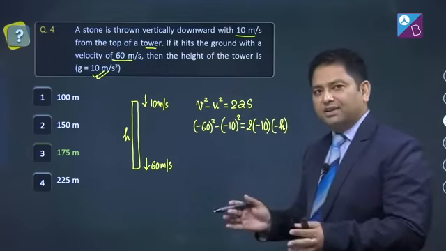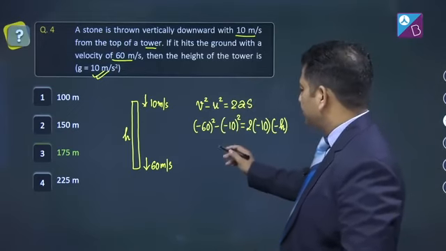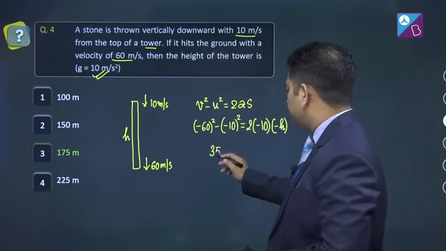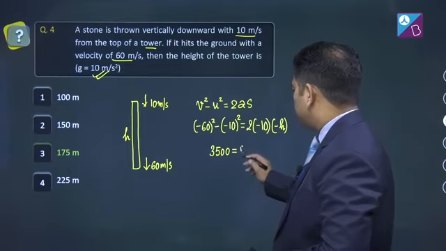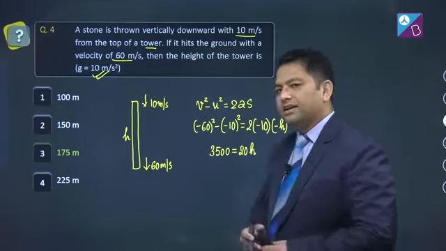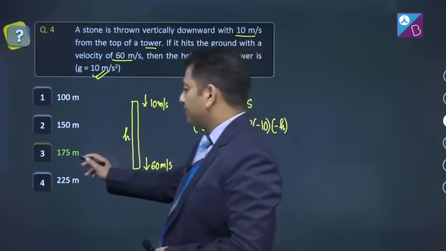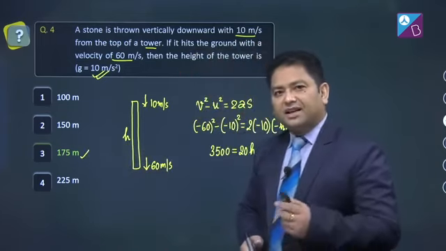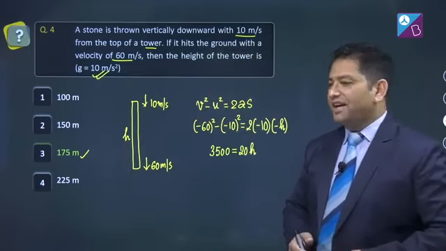Now see, it's so simple. 3600 minus 100, that is 3500, equals 20 multiplied by h, so the value of h will be 175 meter.